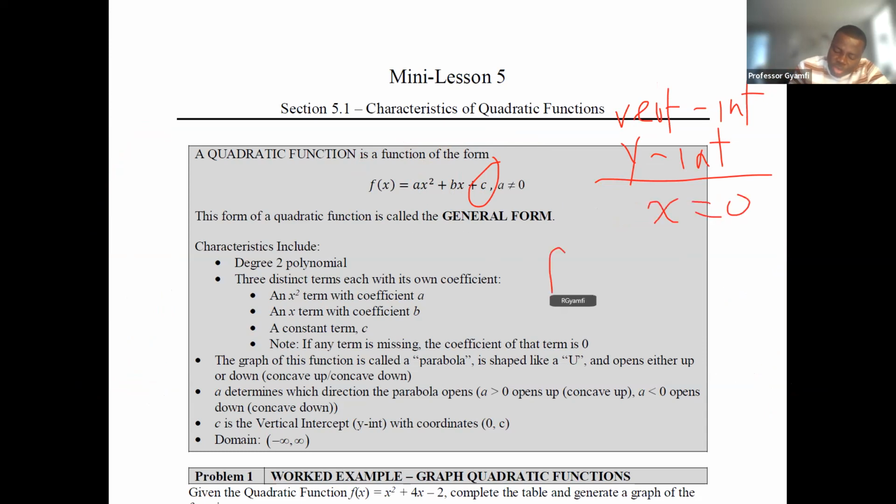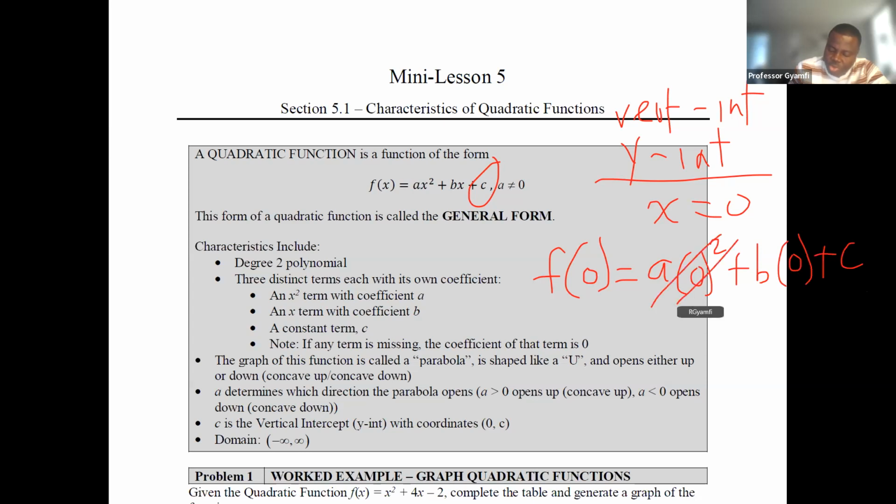So if I put in f of 0, I put in 0 for x, I'm going to have a times 0 squared plus b times 0 plus c. So this goes to 0, that goes to 0. What do I have? c. So when x is 0, y is c. So that is always going to be your y-intercept. Please do not forget that, okay? All right.